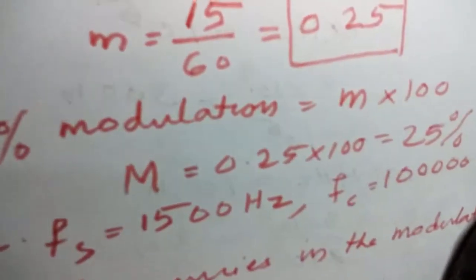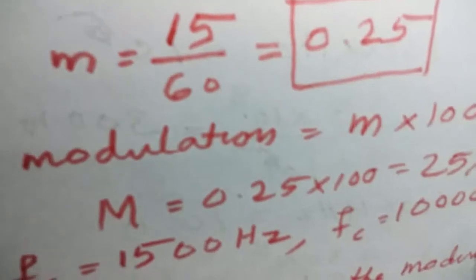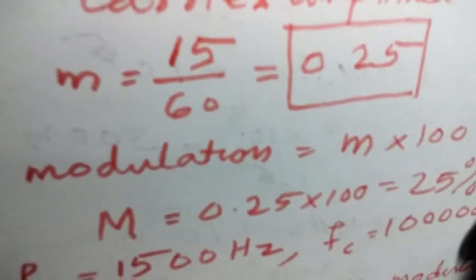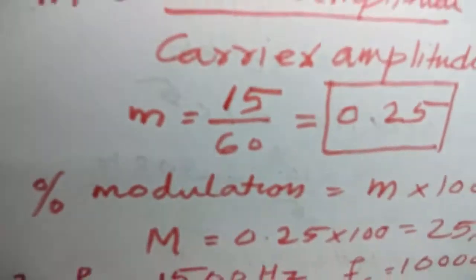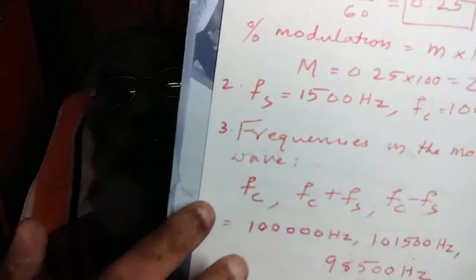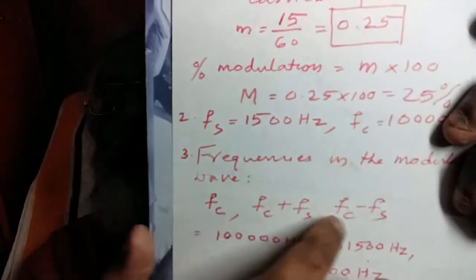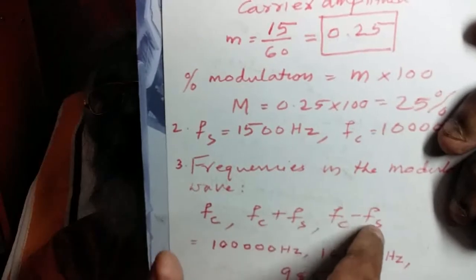The next part is what are the frequencies contained in the modulated wave? You know that the frequencies are fc and the sidebands, upper sideband fc plus fs and lower sideband fc minus fs.